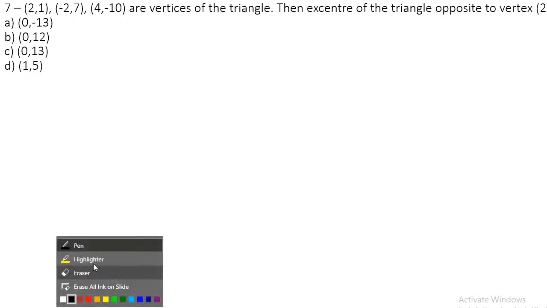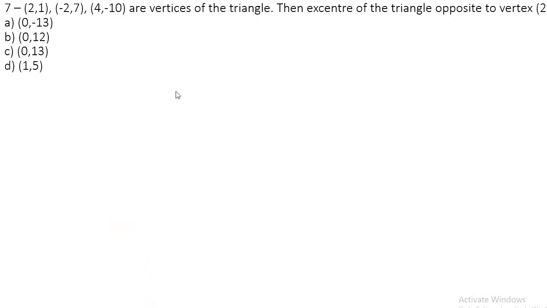Now if 2 comma 1, minus 2 comma 7 and 4 comma minus 10 are the vertices of a triangle, then the excentre of the triangle opposite to vertex 2 comma 1 is.